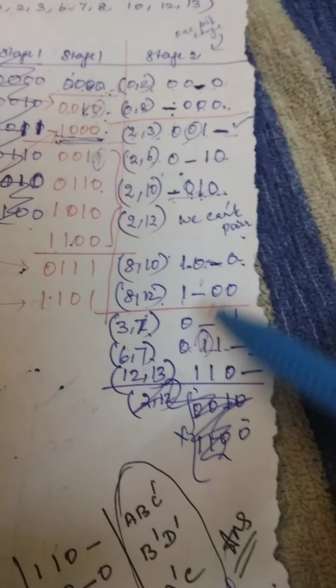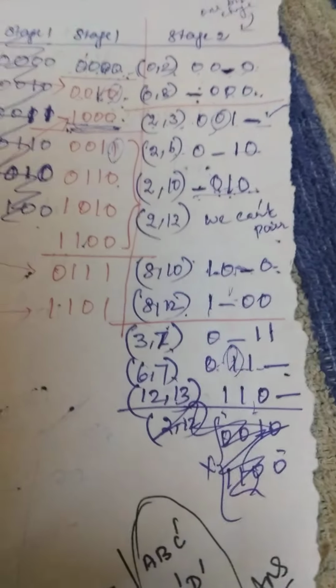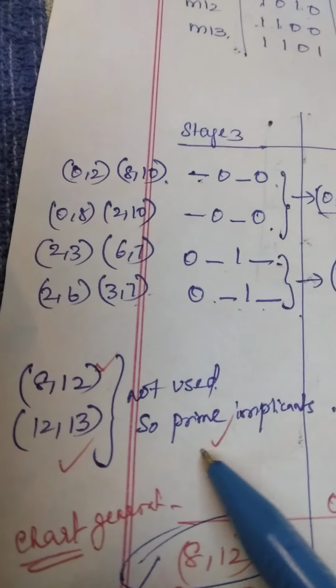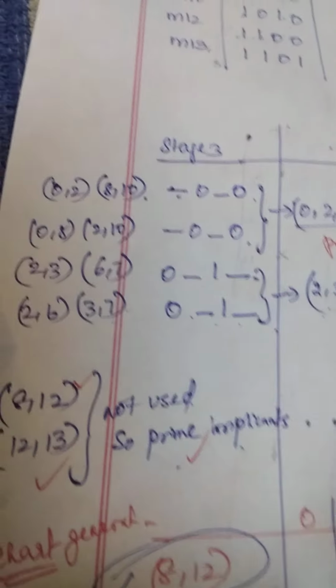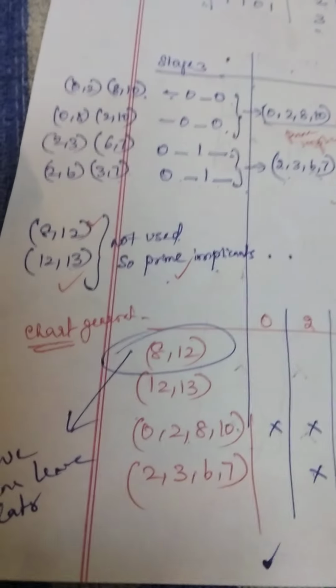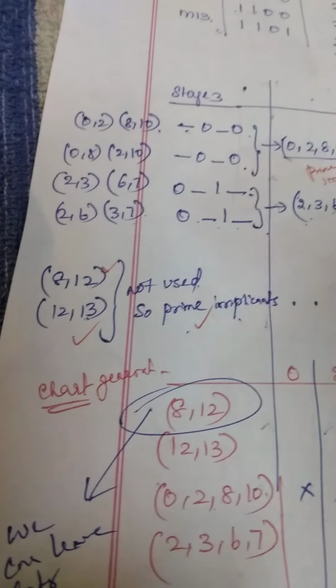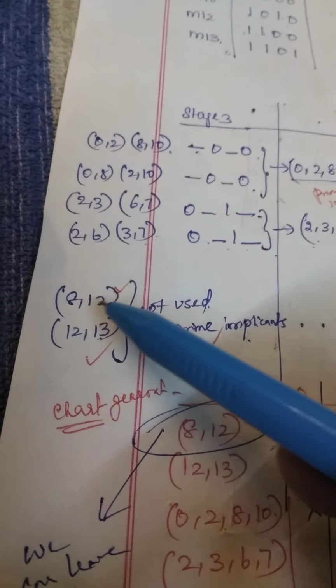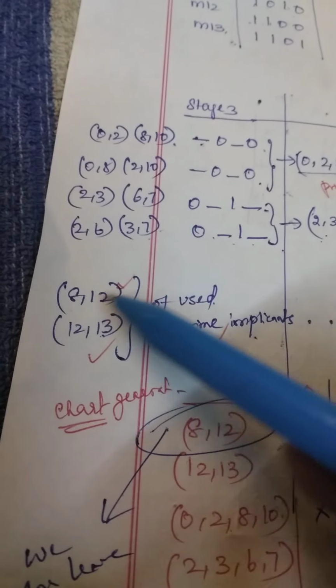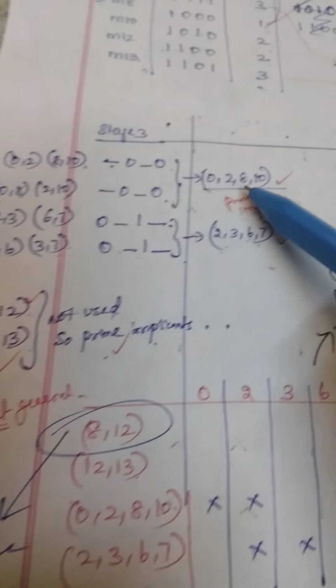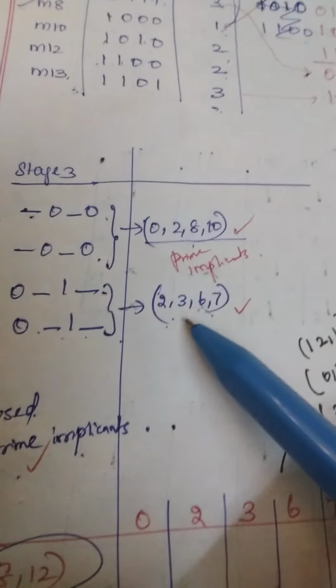These two don't have any grouping activity, so they are not used at all. So these two will also be prime implicants. The next thing is we take only these values and remove all the other values. Take all prime implicants: 8,12 and 12,13 you write here, then 0,2,8,10 and 2,3,6,7 you write here.